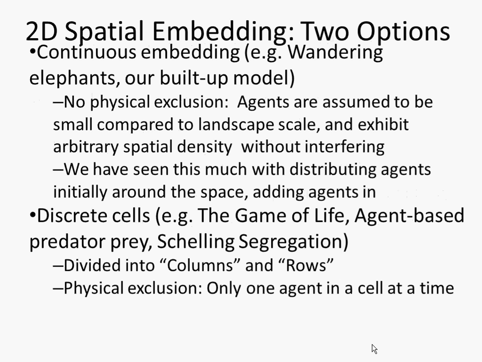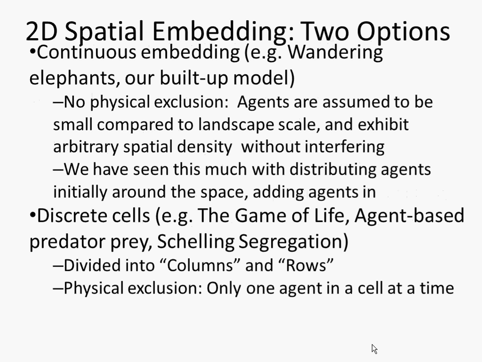Think about viewing Los Angeles from space. Essentially, people are so small that you don't really worry whether their paths cross, whether they're going to block each other, or what have you. We've seen aspects of spatial embedding in a continuous sense in some of our example models to this point.